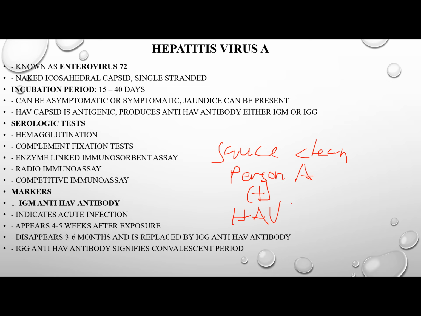Ngayon, yung laway niya nandun sa stick. Ang ginawa niya, sinawsaw niya ulit yung stick niya, pagkakagat niya. Now, this would cause the sauce to be infected. So, may particles na ng hepatitis A virus yung sauce. Kaya si person B, na kapag sumawsaw naman dun sa sauce, would become infected.